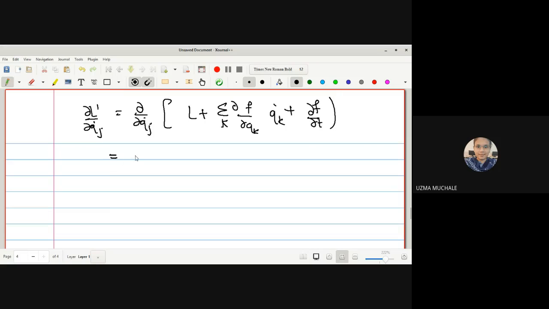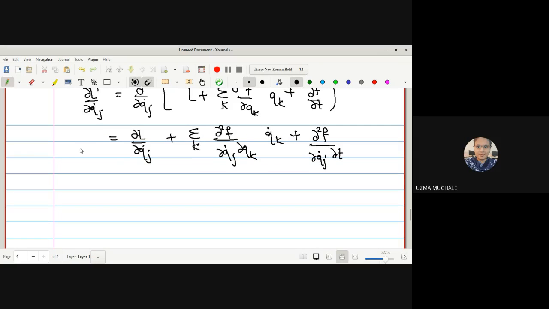Right, so which is equal to dou L by dou qj dot plus summation over k, now if you are going to find the derivative, this summation over k as it is, dou 2f by dou qj dot dou qk into qk dot plus dou 2f by dou qj dot dou t. Correct?